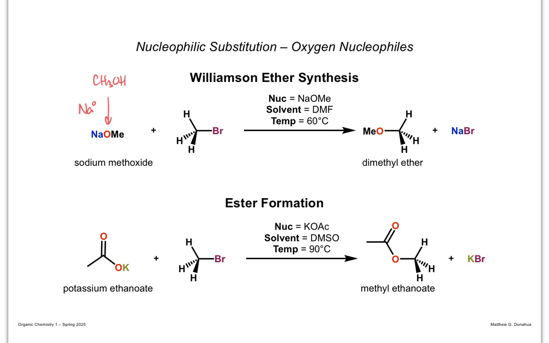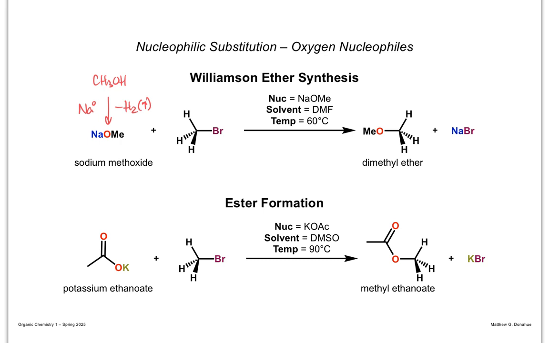Sodium metal is a silvery looking solid. You can put it into a flask containing methanol. You'll see some fizzing happening, and eventually that solid sodium metal will dissolve. You're losing hydrogen gas as the bubbles that fizz away. So that generates sodium methoxide.